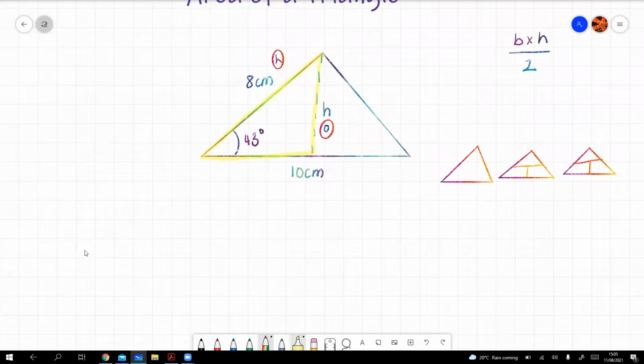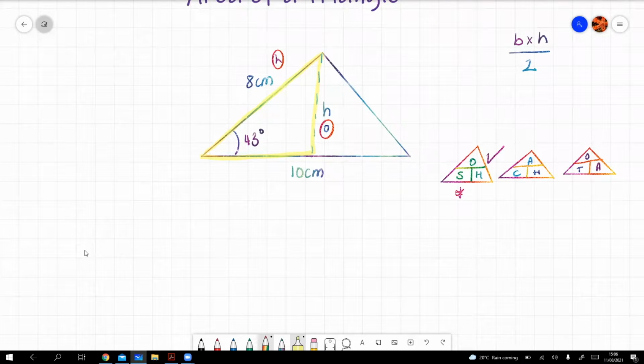SOH CAH TOA is going to help us, isn't it? Now we want to work out the opposite, because that's the height, and we've got the opposite and the hypotenuse. Which one uses the opposite and hypotenuse? This one. So we're going to be using this triangle here.